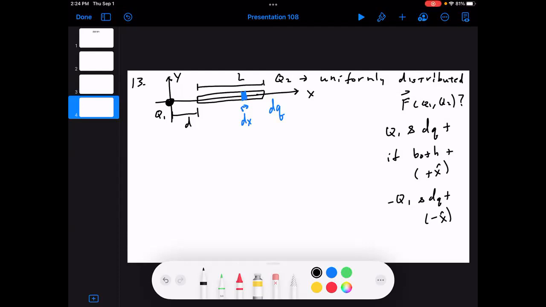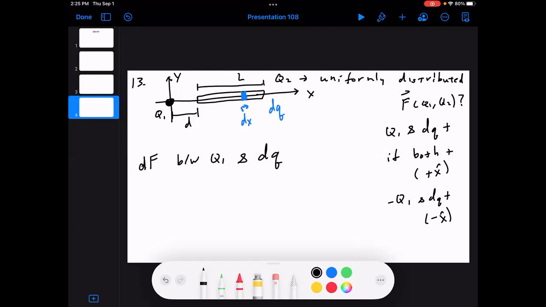Okay, so we're still just dealing with a small little chunk. Now I want to write an equation for the force, which we're going to call dF, between Q1 and dq. Does that make sense?